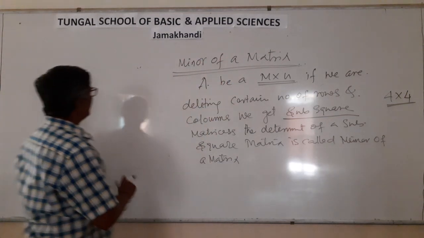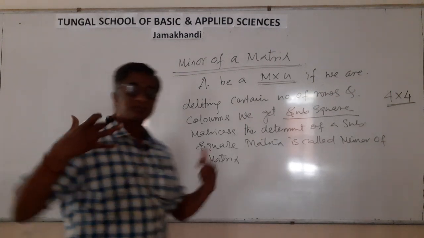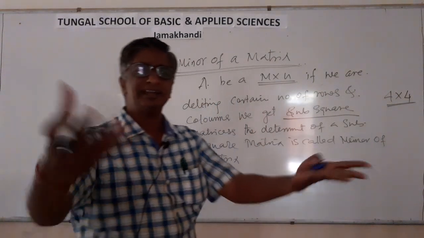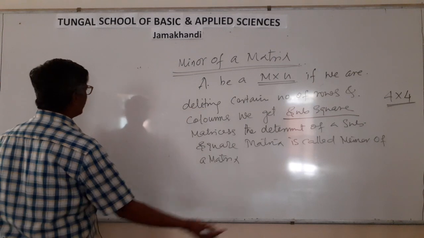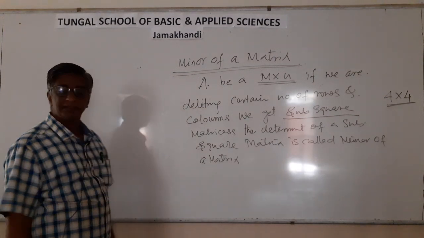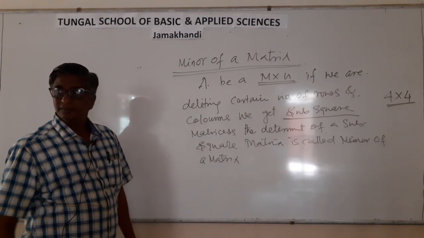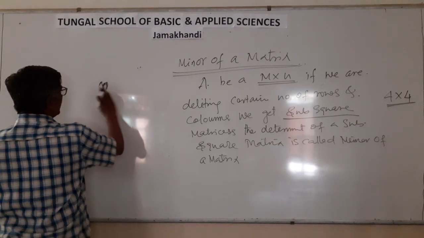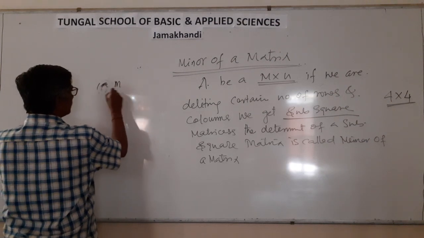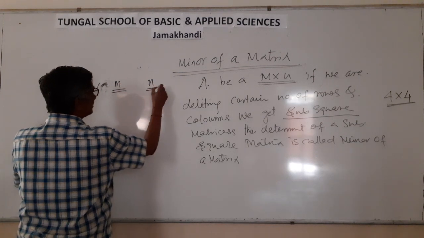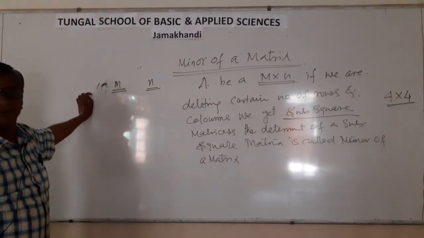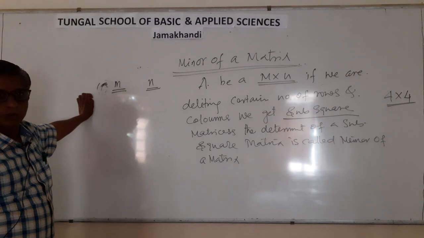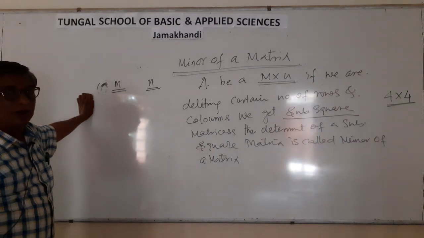For example, how do we get sub-square matrices? If you delete some rows, m rows and n columns are there.